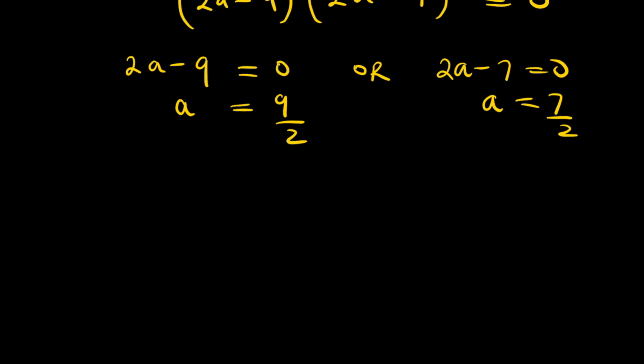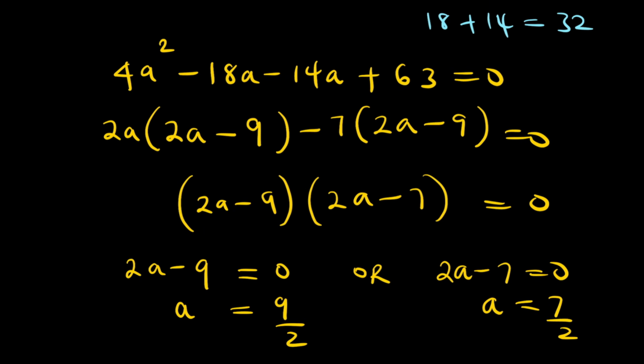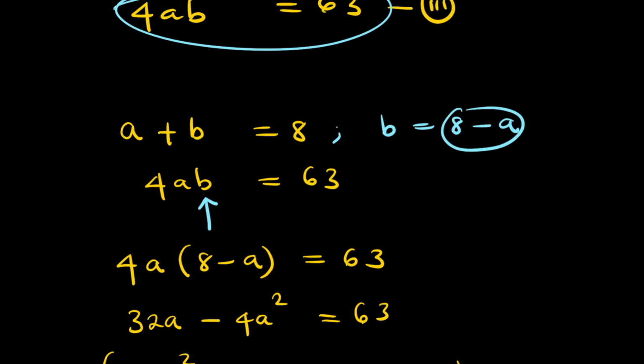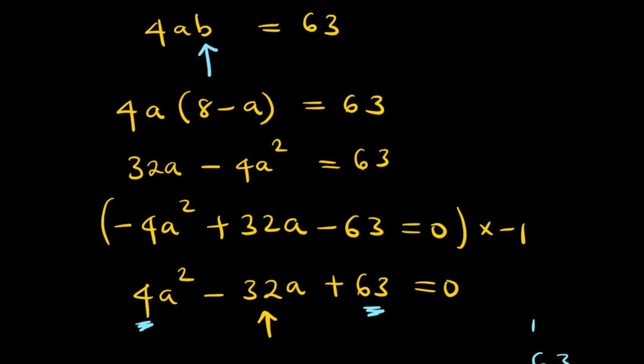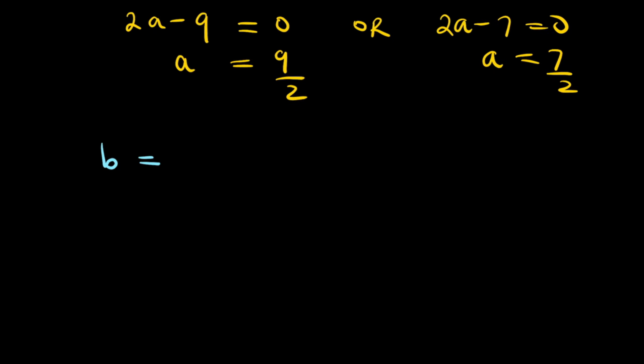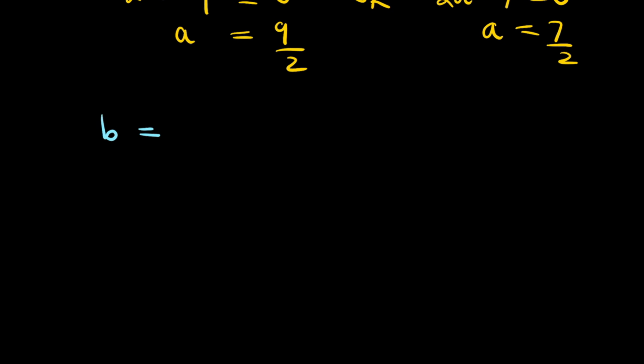And remember the value of B when we solved for b earlier, we got 8 minus a. Let's confirm that. Here, b is 8 minus a. So we have 8 minus, for the first a, let's call this b1. Then we have 9 over 2.